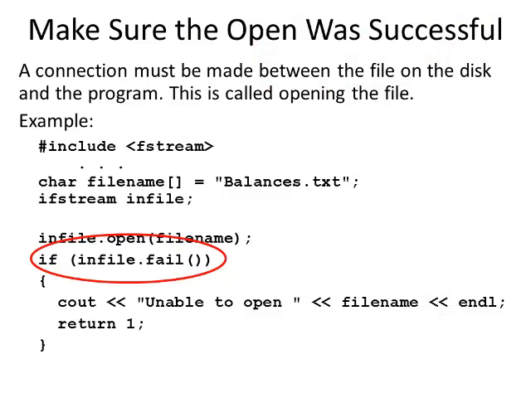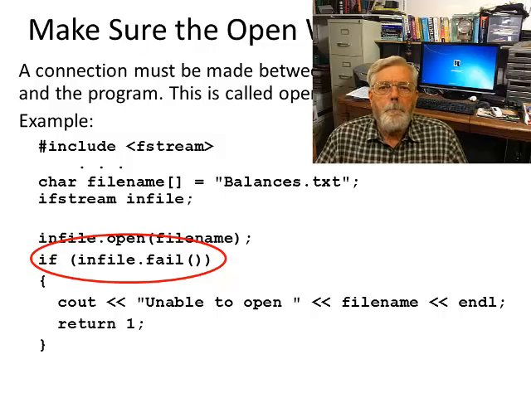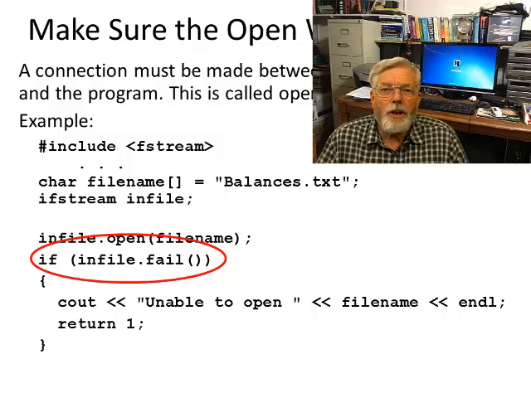I need to see if there was a problem when attempting to open the file. Maybe the file did not exist. I'll come up with an error. Maybe the file is on a network and that network connection is down. Maybe another program has the file open and it's locked and I can't open it until that other program is done with the file.